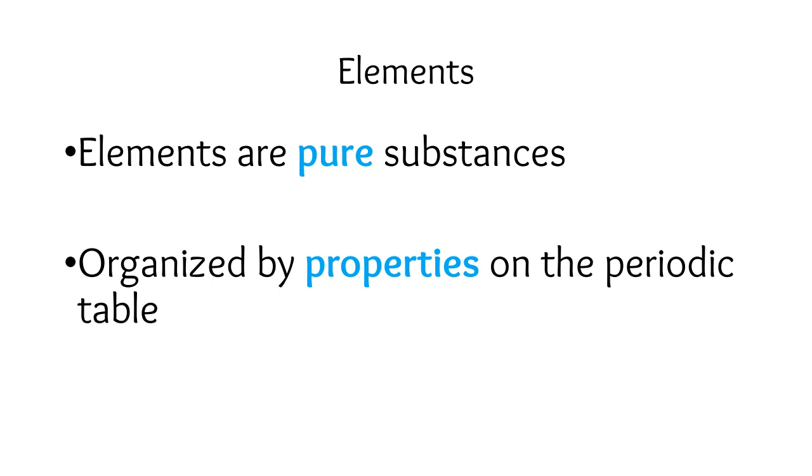So by looking at the periodic table, we not only know that elements are organized by their atomic number, but when we look at it in specific ways, we can see that the properties of elements are going to be either the same or a little bit different. And that's what we're going to look at now. We're going to look at, on a broader scale, how are our elements organized.